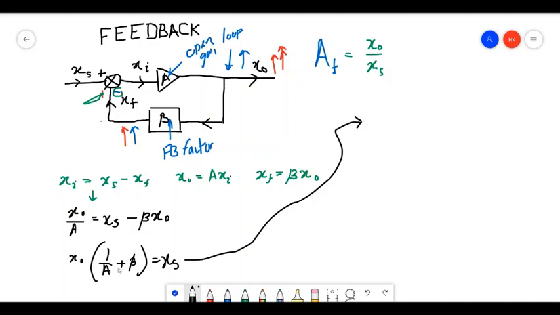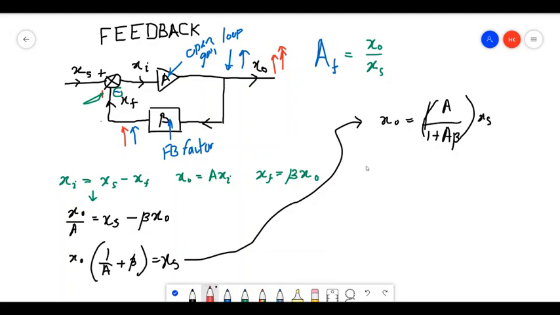So if I add this together and simplify this, I can write x_o is equal to A over 1 plus A beta times x_s.